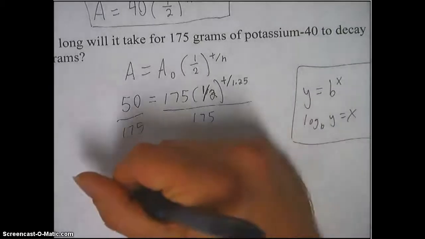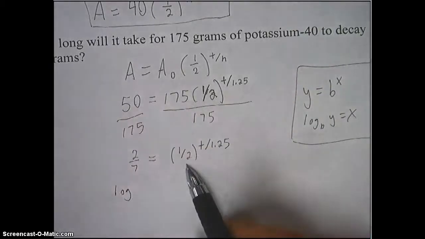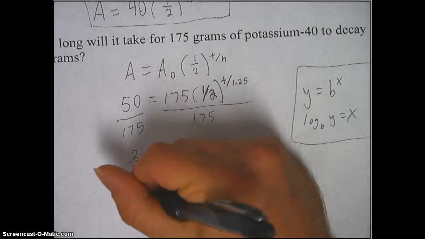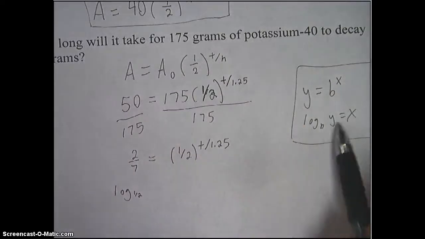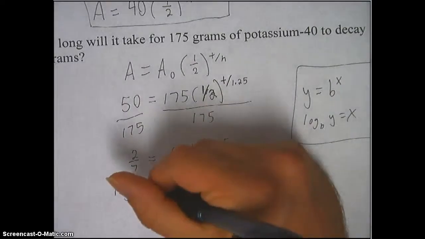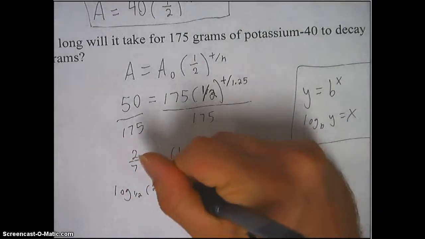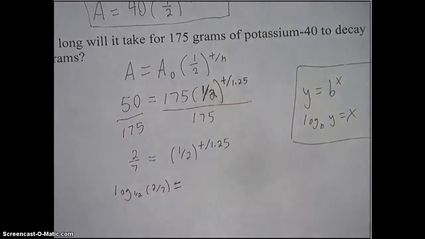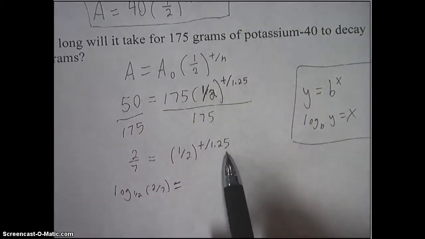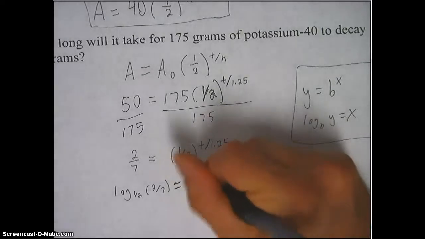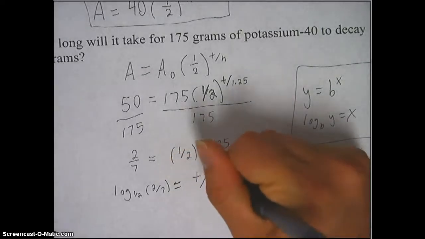So log, the base is 1/2, so log base 1/2 of 2/7 equals the exponent up here, t divided by 1.25.